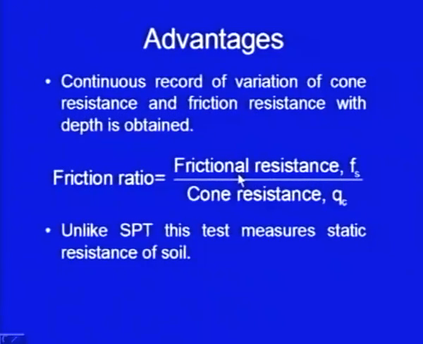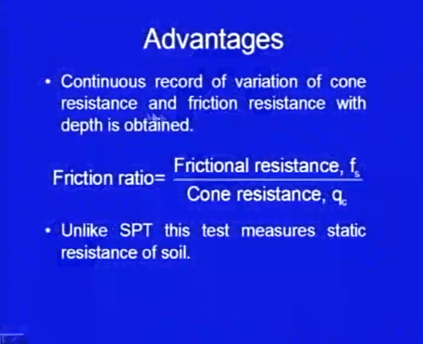The advantages of this test are that a continuous record of variation of cone resistance and friction resistance with depth is obtained. This is the unique advantage of this particular test. Previously, in the case of the SPT, you were getting a relationship for the tip only. In the case of DCPT also, you get a relationship for the tip only.